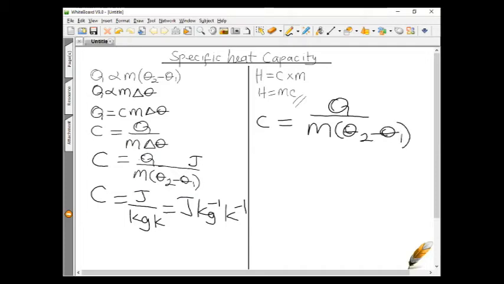Now let us know that we want to substitute this into this equation. So instead of writing our C here, we just put this.